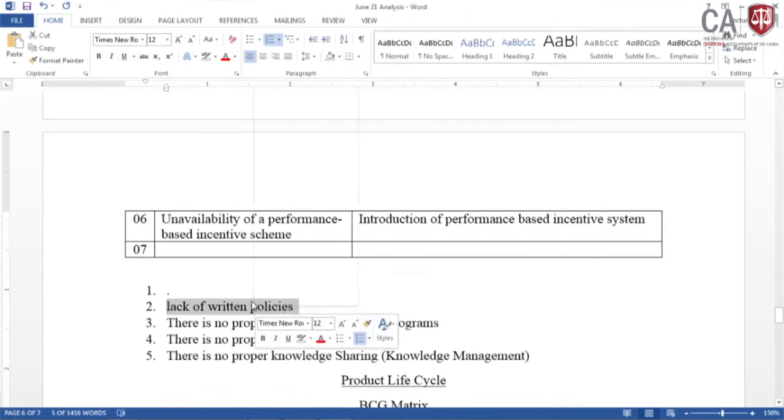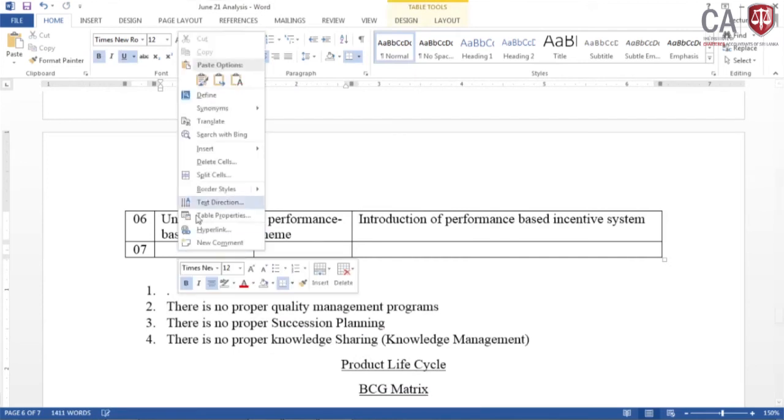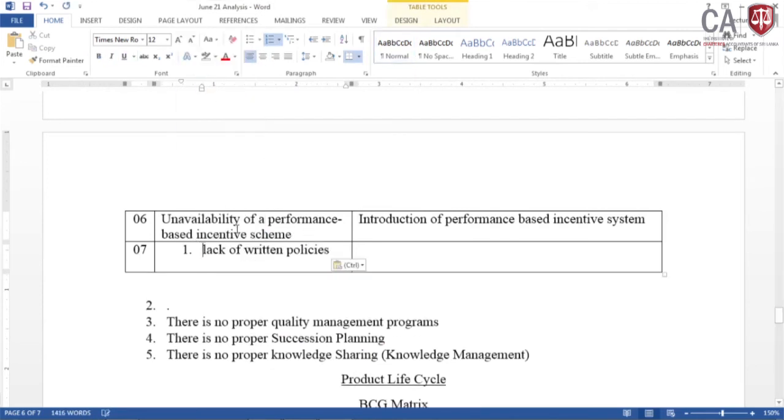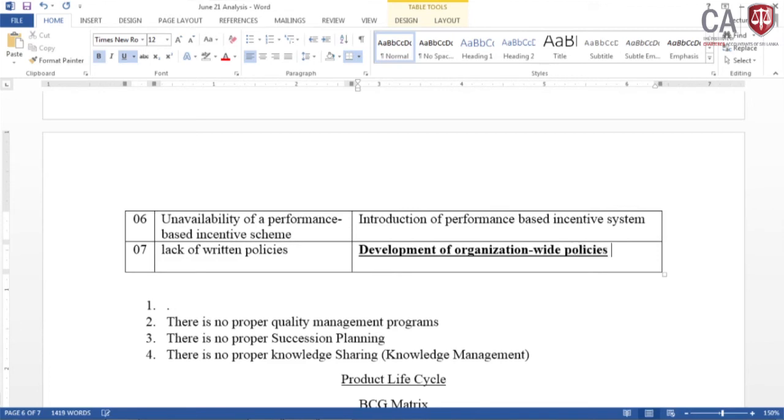Lack of written policies, we can ask them to come up with more written policies, say development of SOPs, development of organization wide policies and standard operating procedures, SOPs.